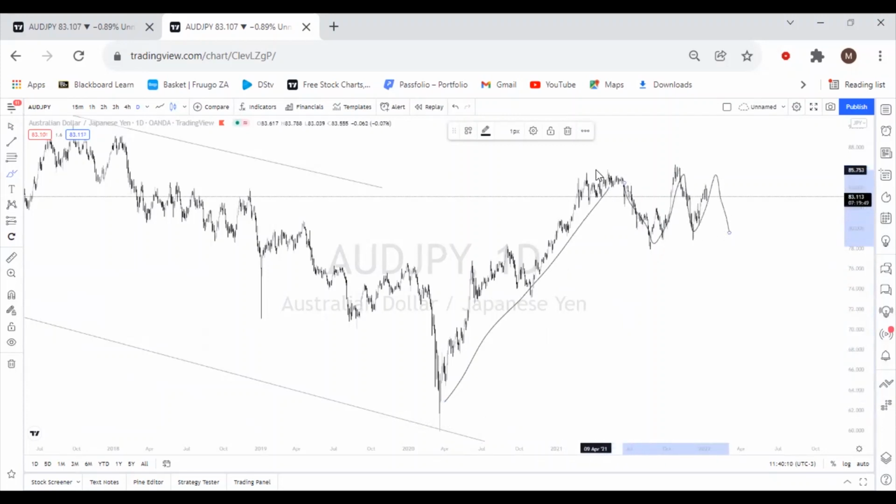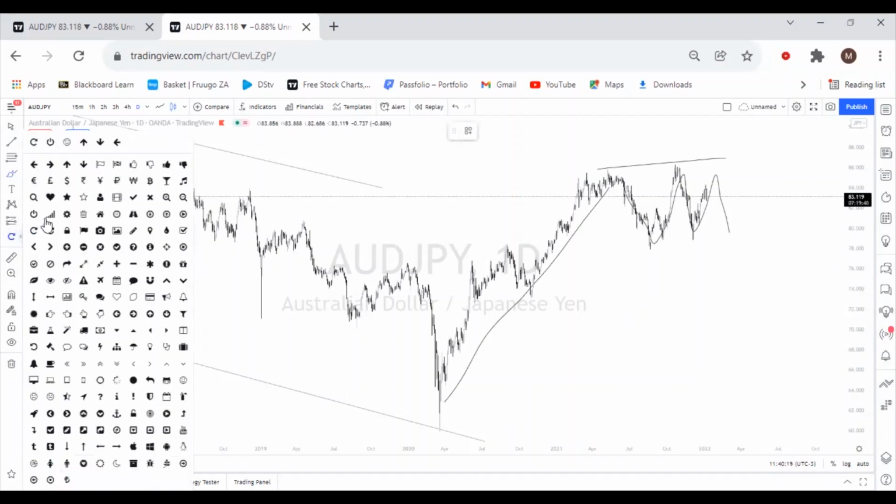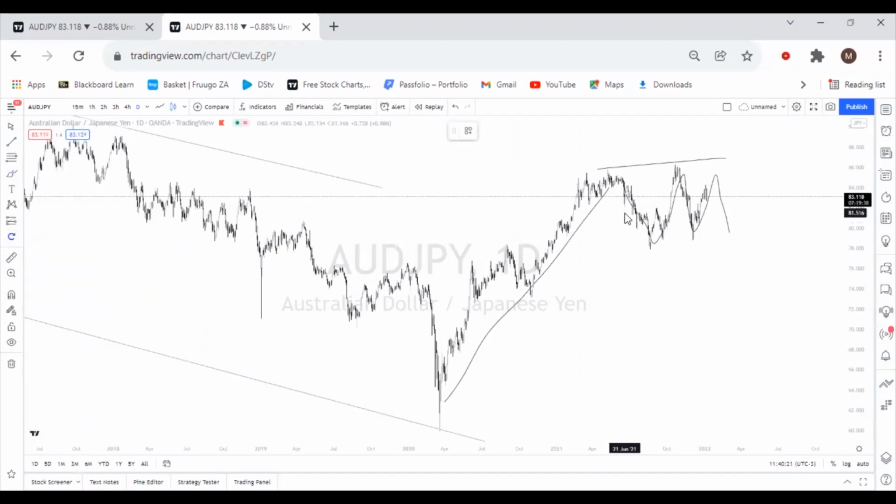And as you can see, this is the daily. Sorry, let me just get rid of this. It was just to illustrate the direction and the structure.